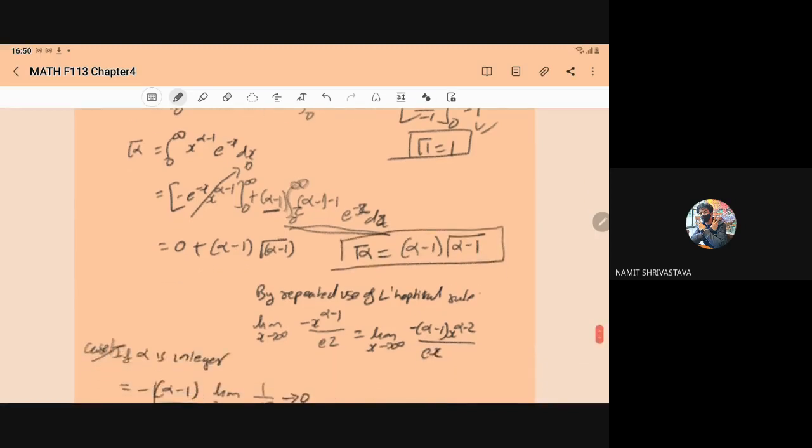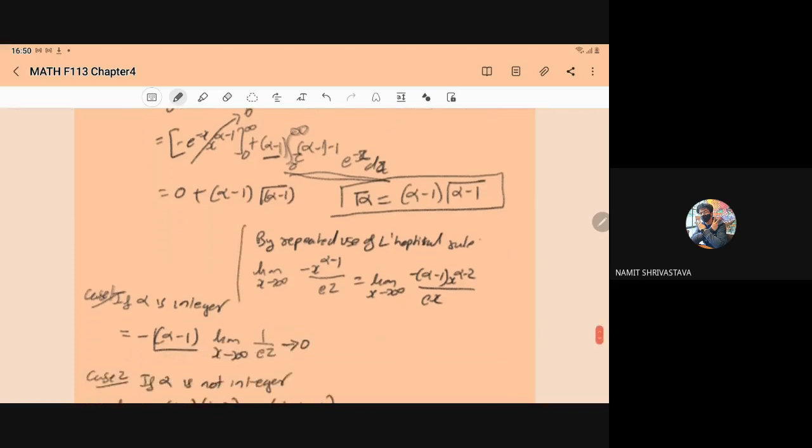Here, for the infinity, we apply L'Hopital's rule. For the lower limit you can easily understand why it is 0. For the upper limit, when x tends to infinity, this function can be written as minus x to the power alpha minus 1 upon e to the power x. If you apply L'Hopital's rule to the numerator and denominator, it will become minus alpha minus 1 times x to the power alpha minus 2 upon e to the power x.